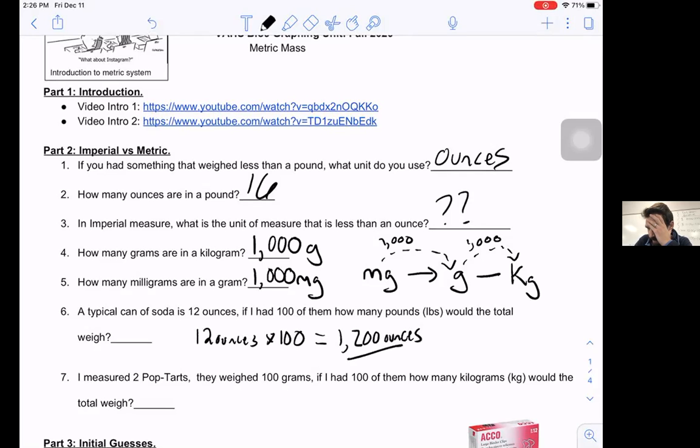Now, if I divided that by 16 ounces per pound, I don't know, right? I guess I could do that on my calculator. 1,200 divided by 16. I'm purposely struggling here a little bit because this system of ounces and pounds is not really usable, right? So this would be 75 pounds.